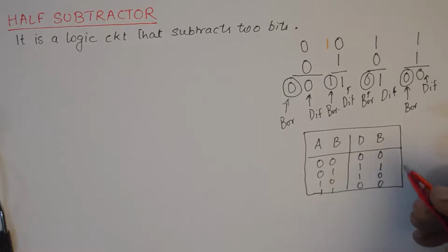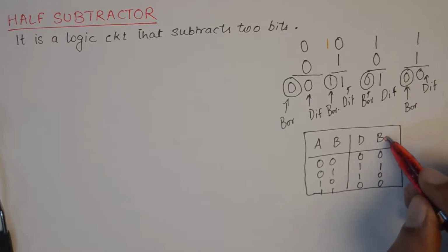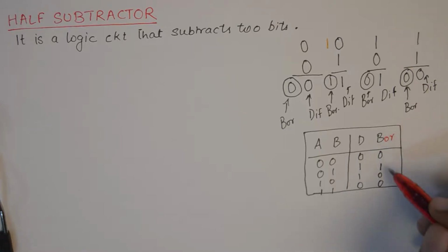But otherwise also you can formulate an expression for difference using a K-map. And if you look at the expression for borrow, this does not look like any popular ready-made gate expression.